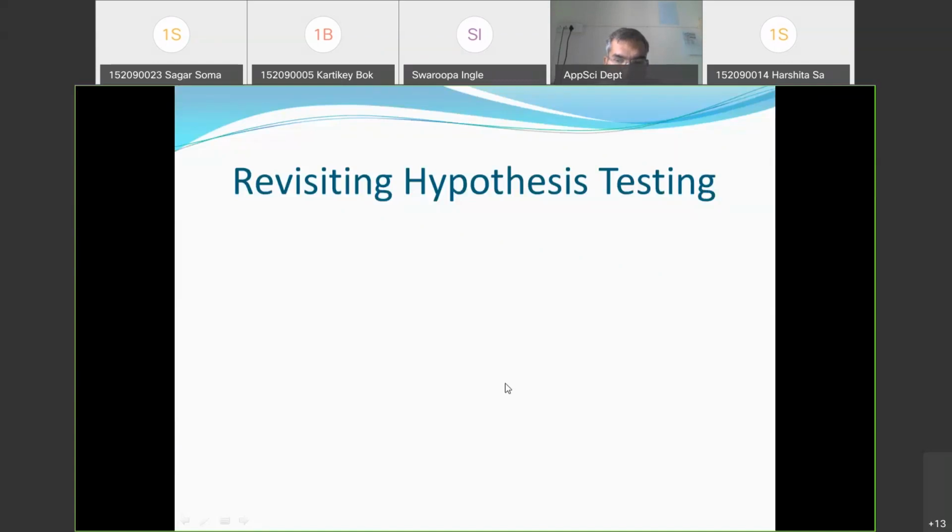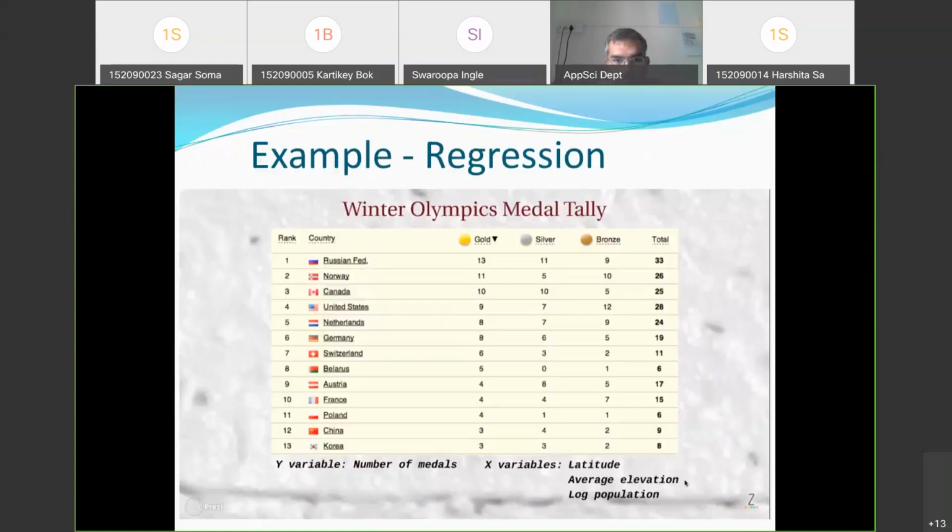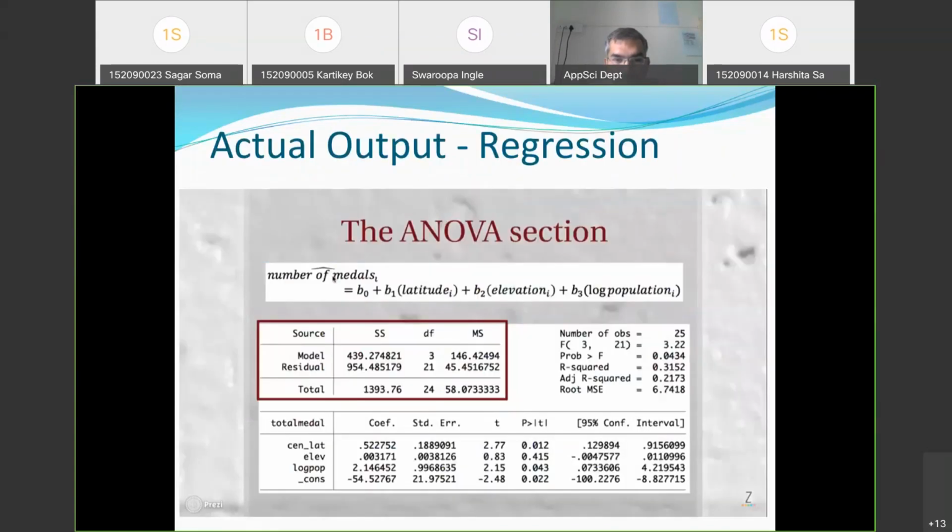While analyzing the ANOVA section, let me just show you the sections. So this is how a regression output looks like. This red box is the ANOVA section, which tells us about the overall regression model. And the remaining here at the bottom tell us how important each of the independent variables is.